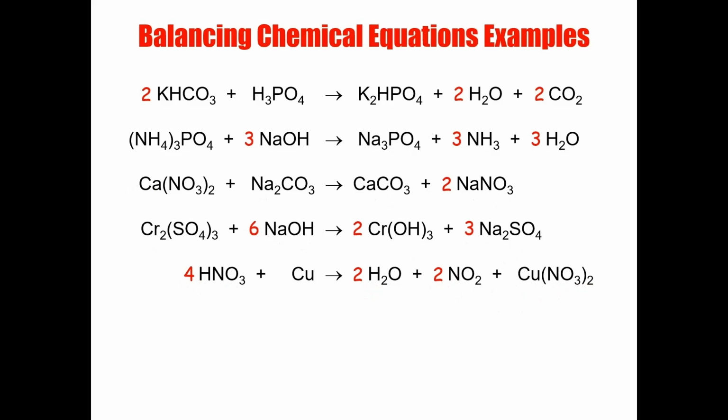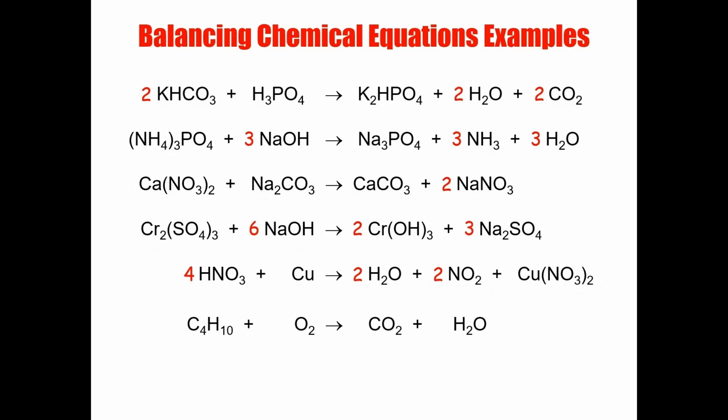I have 4 hydrogen, I have 4 hydrogen, 4 nitrogen, 2 and 2 makes 4 nitrogen. I have 12 oxygen, and here I'll have 6 plus 4 plus 2 gives me 12. And I have 1 copper and 1 copper. And so that reaction is balanced, which brings us to our next one.